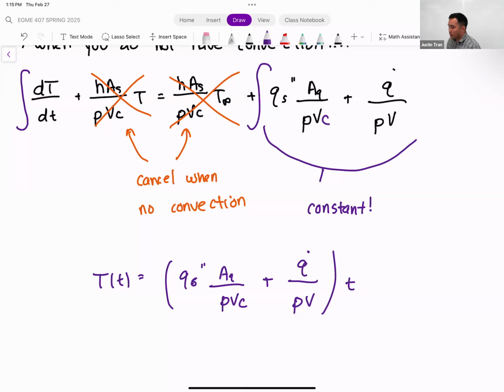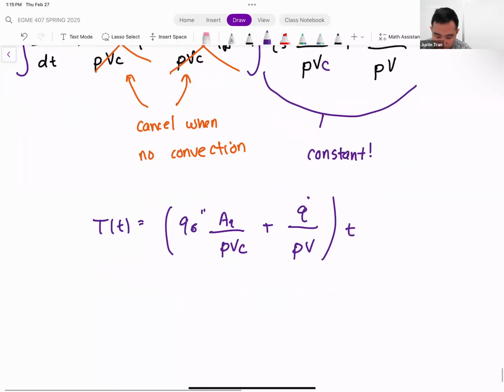Okay. So in other words, in these cases without convection, our temperature is just going to be a linear ramp. It's just going to ramp up, and it's going to keep doing so indefinitely. There's a plus C here, but the C doesn't really matter.